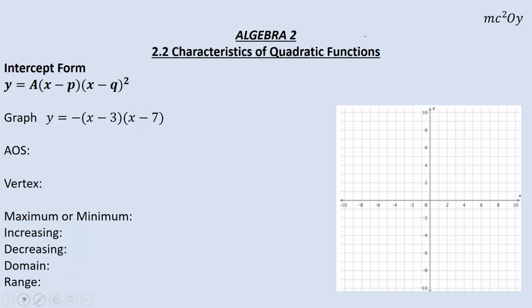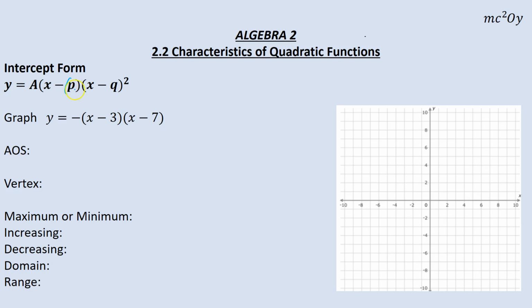All right, one last piece here is called intercept form. And intercept form works like this. P and Q are our x-intercepts. So if you think back to factoring in algebra, if I said, well, I want to find out what makes this 0. So in this case, P is 3. And what makes this 0? Q is 7.